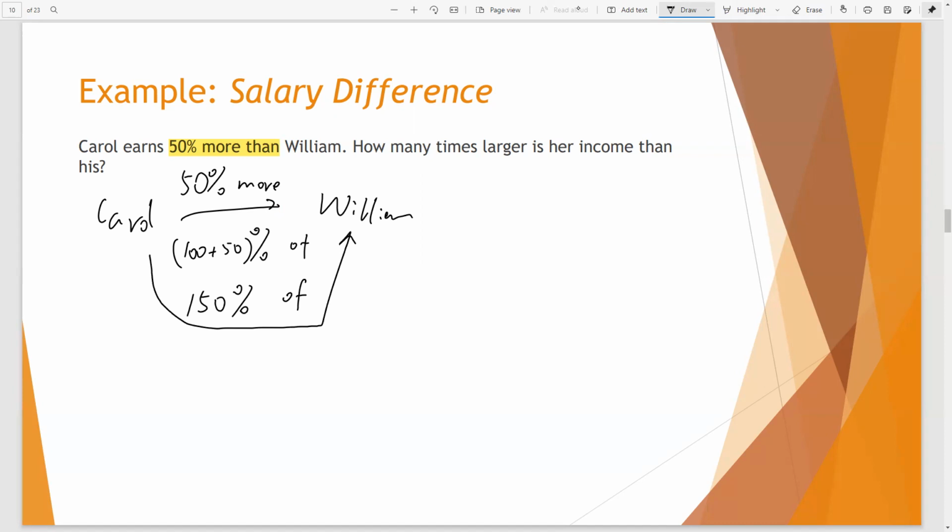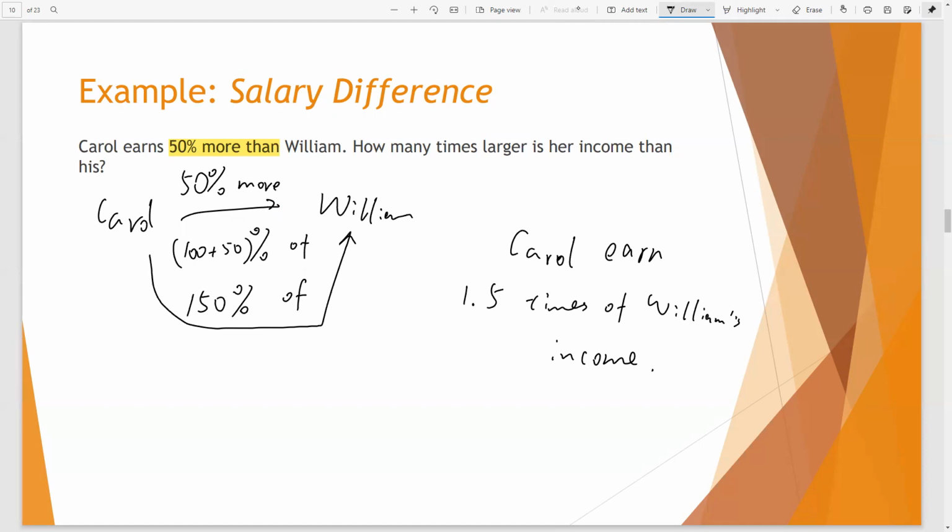So that is what Carol earns, therefore 1.5 times William's income.